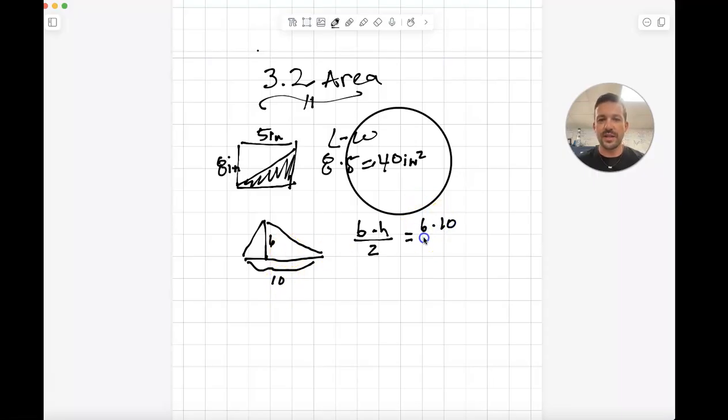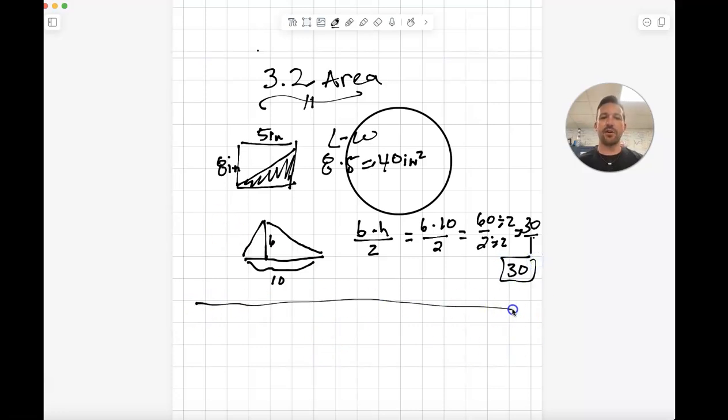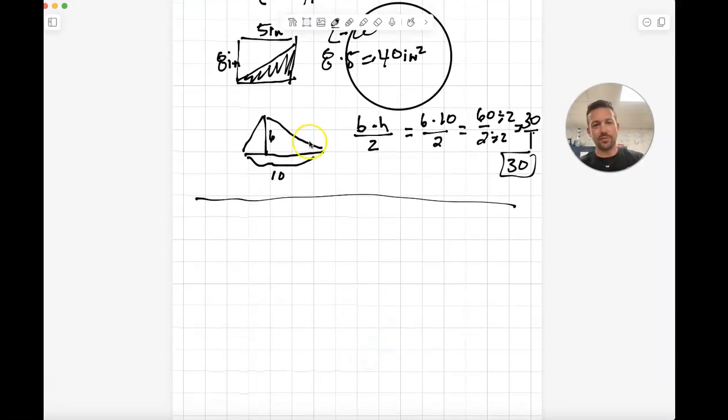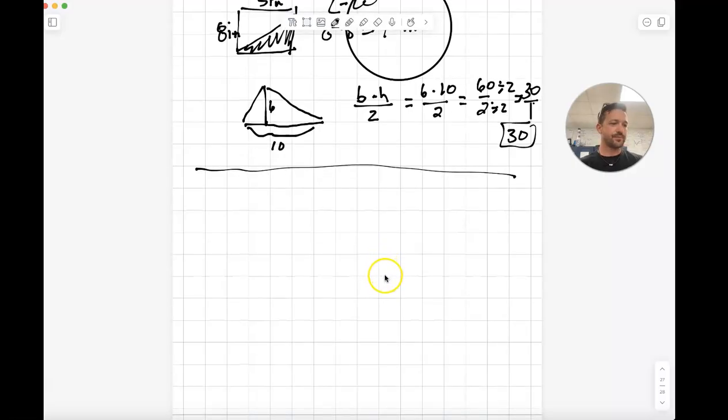So 6 times 10 divided by 2, and then you just work it out. So that is 60 over 2. Each one is divisible by 2, right? Which makes this 30 over 1, which is just 30, right? And that's how you find the area of rectangles and triangles. It's just length times width, and then for triangles, length times width divided by 2.